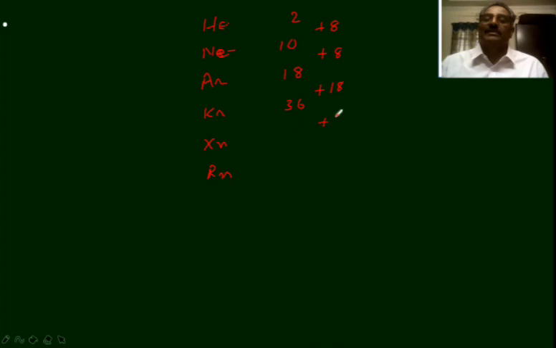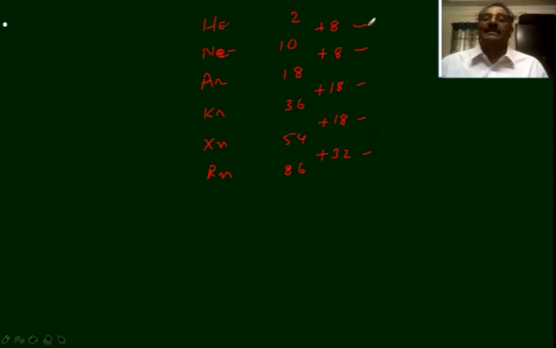If 18 is added to 36, we get the atomic number of xenon, that is 54. By adding 32, we get the atomic number of radon, that is 86. So we need to add 2 8s, 2 18s and 32.